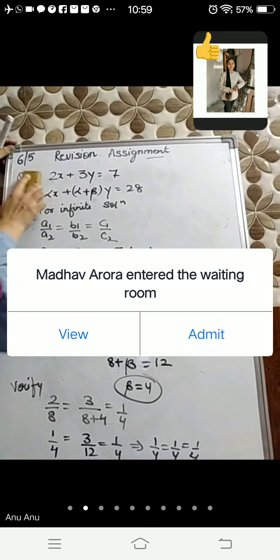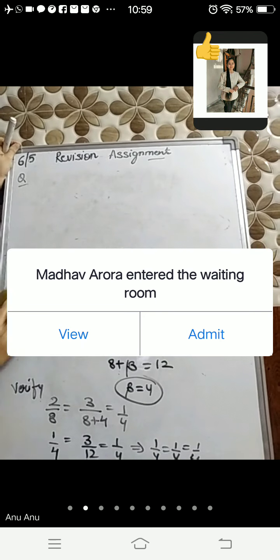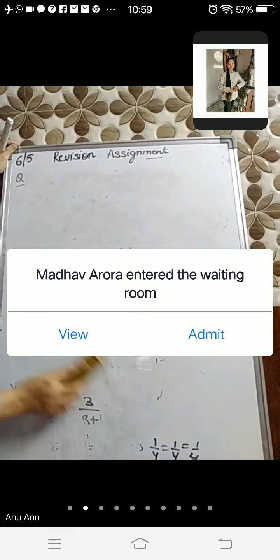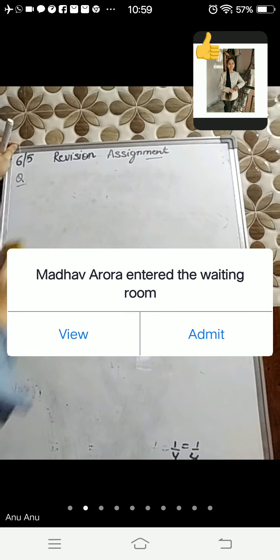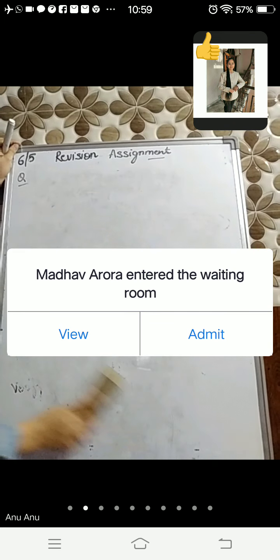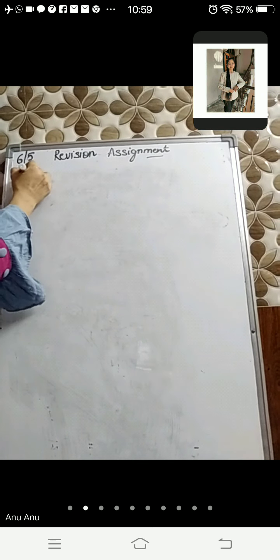Let's start with the third question, that is the statement sum, and I think this type of sum we haven't discussed in the book. Sum of digits type question, 2-digit number type question, I think we haven't discussed in the chapter, but you must have studied it in the previous class. In question number 3, the sum of the digits of a 2-digit number is 8.